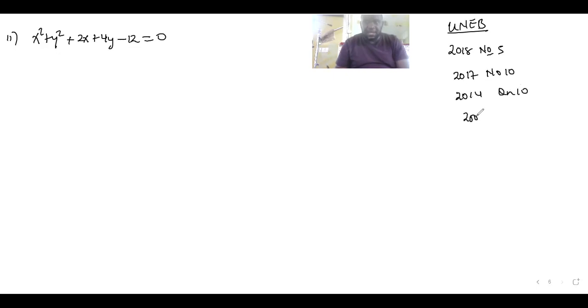UNEB 2008, question 9. UNEB 2006, question 13. UNEB 2005, question 9. UNEB 1999, question 9.